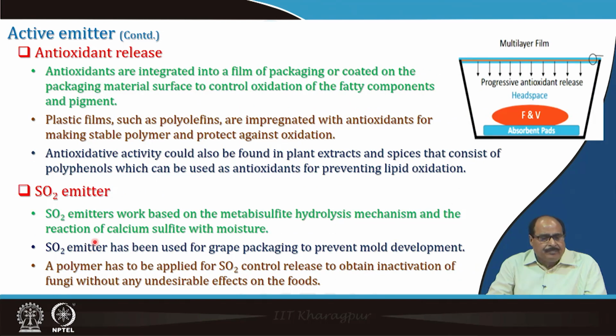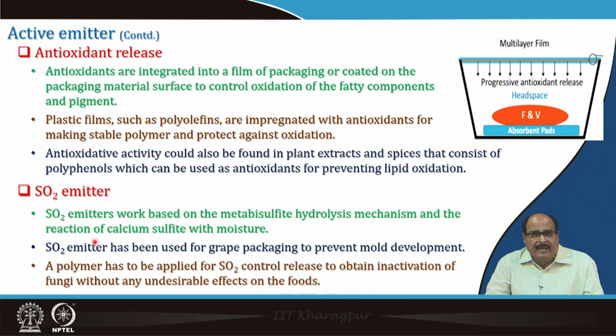packaging. Then similarly, various antioxidant releasers are integrated into the packaging or coated on the packaging material surface to control oxidation of the fatty components and pigments, etc. Even plastic films like polyolefins are impregnated with antioxidant for making a stable polymer and protecting against oxidation.